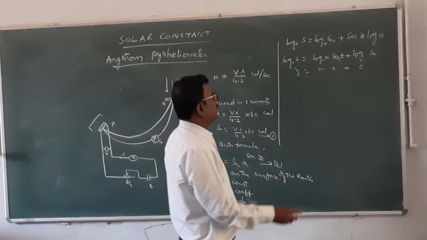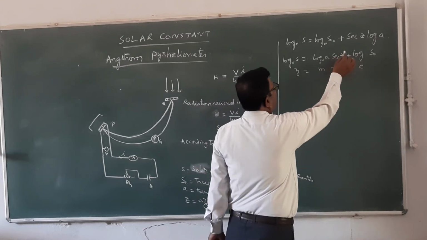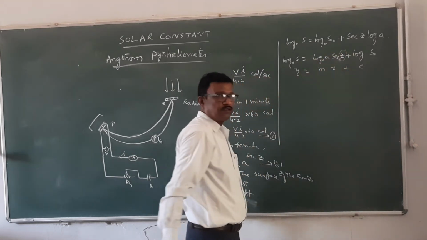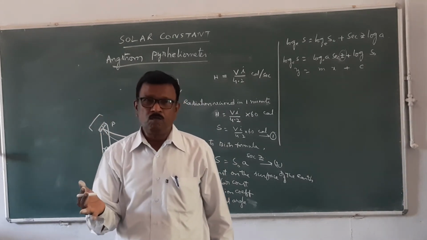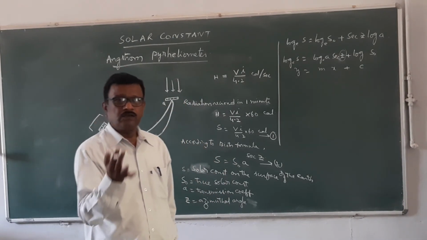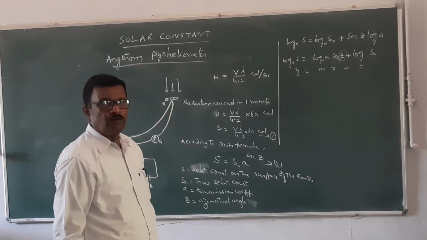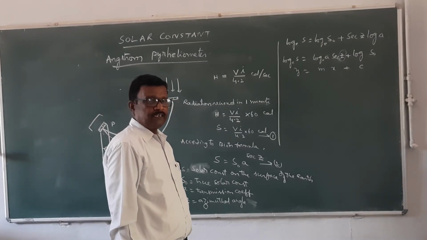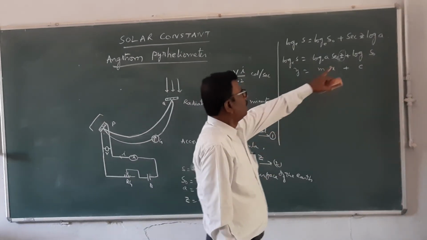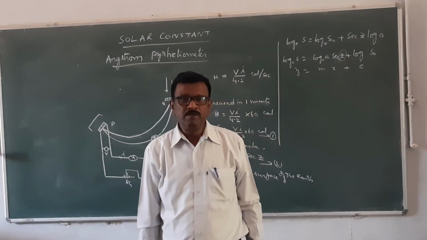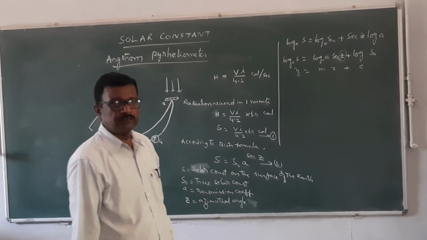The experiment is conducted for different values of Z at different time intervals: 9 o'clock in the morning, 11 o'clock, 12, 3 o'clock in the evening, like that, at different times of the day, so that the sun makes different zenith angles.